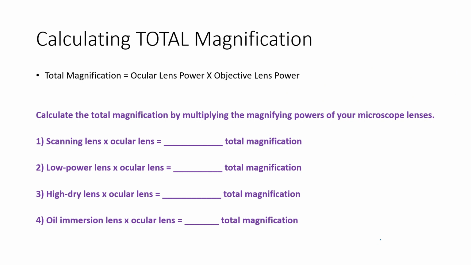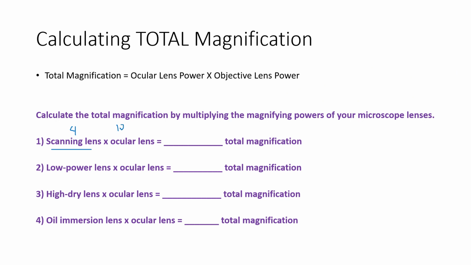So when you're calculating total magnification, this is just going to be either a word question or it's going to be look at the microscope as it's sitting on the table in front of you and calculate the total magnification based on the alignment of the microscope. So I'm going to show you how we're going to do this. If the scanning lens was in place, now you should know the scanning lens is 4 times the magnification.